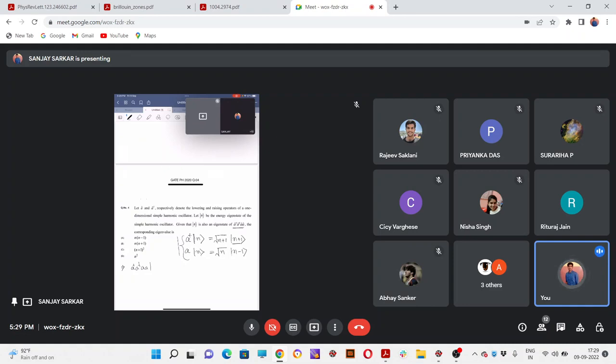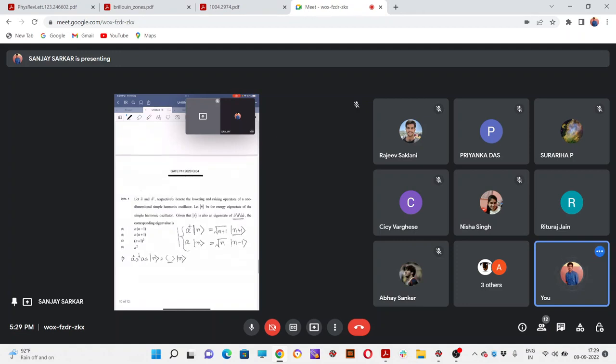This is an eigenstate of this n state, so we will get a value. So if we apply a on n, we will get root n minus 1. Now this is just a constant value, so it will come out.